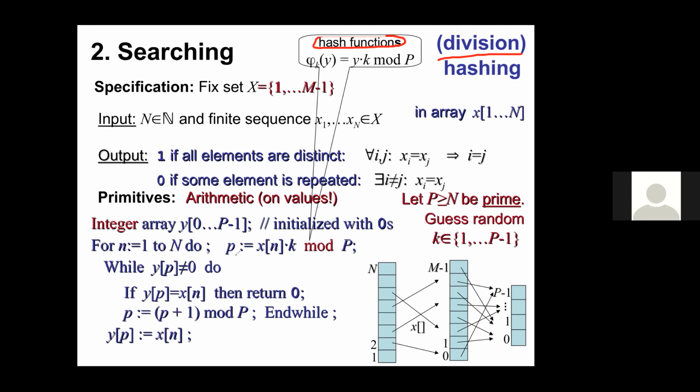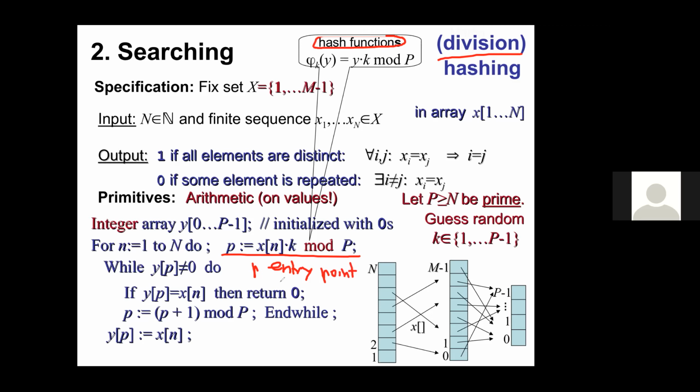So this is the calculation of this p. I said p is kind of an entry point, and this is what I tried to explain last time.